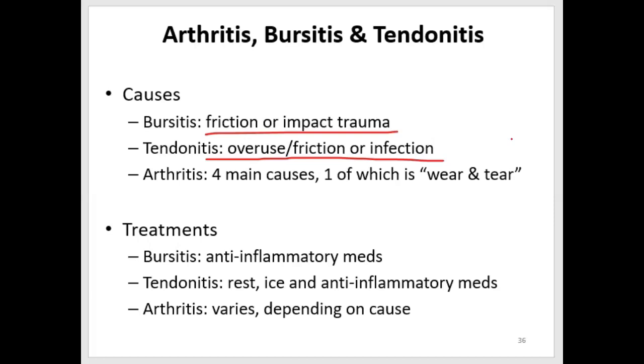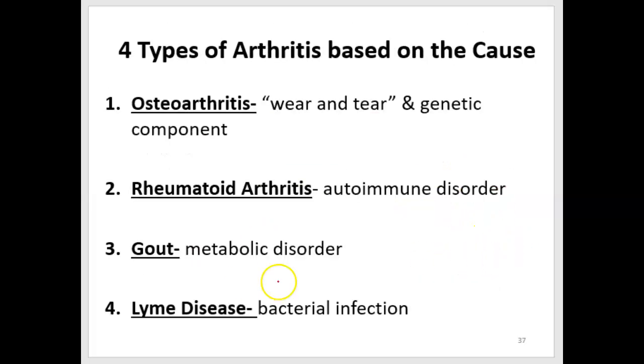Now, arthritis is within a joint capsule, and typically we think of arthritis as sort of a wear and tear, like friction sort of thing. But there's really different types. So there's 4 main causes, one of which is wear and tear. So I'm going to look at the 4 types of arthritis, inflammation in a joint capsule, and their causes.